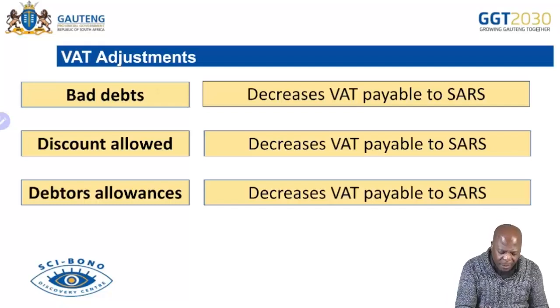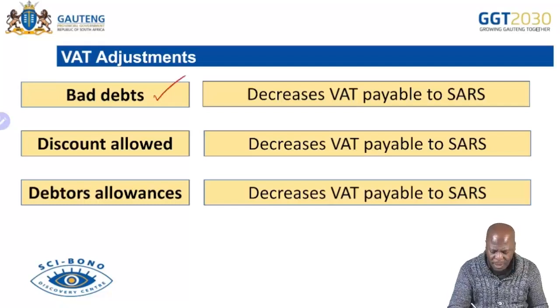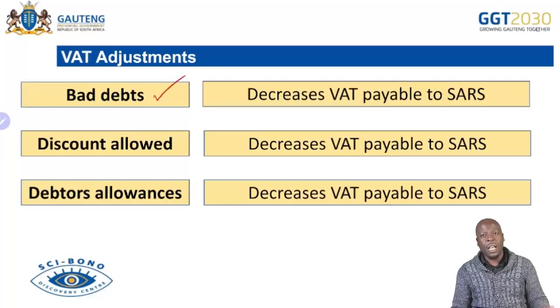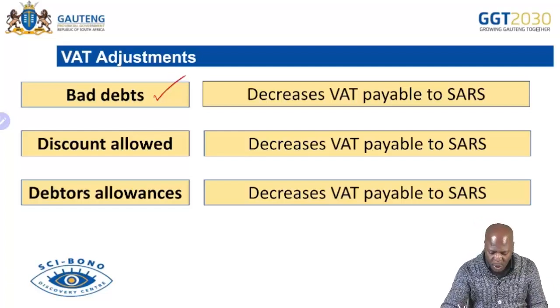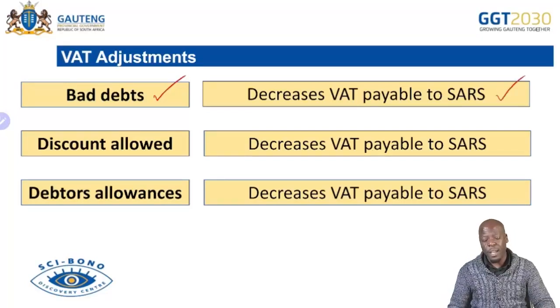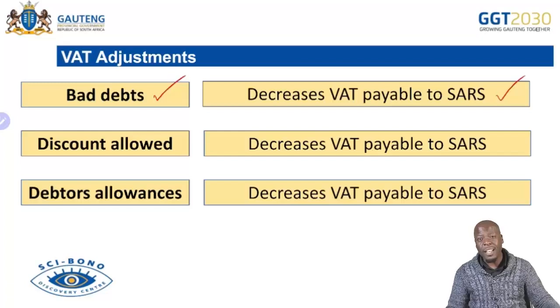Now, we have the first one, which is bad debts. You understand what bad debts are: when our debtors are not able to meet their obligations due to several reasons. Bad debts will lead to a decrease in the VAT payable to SARS.